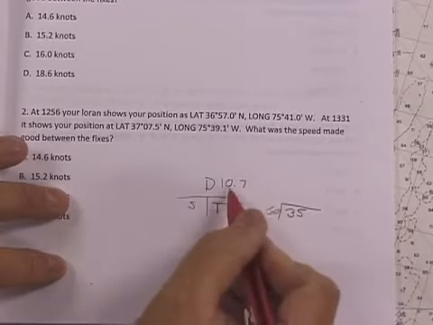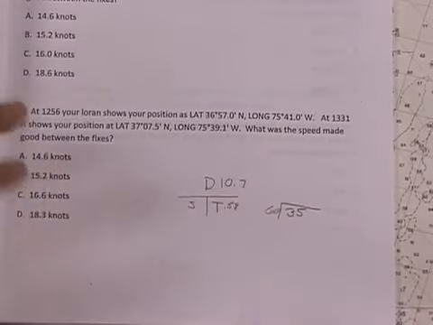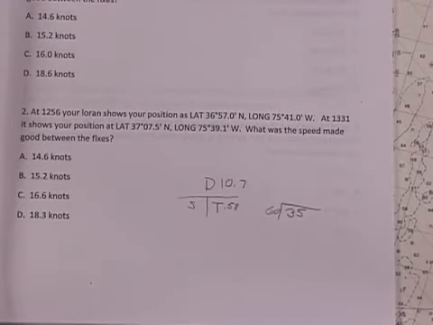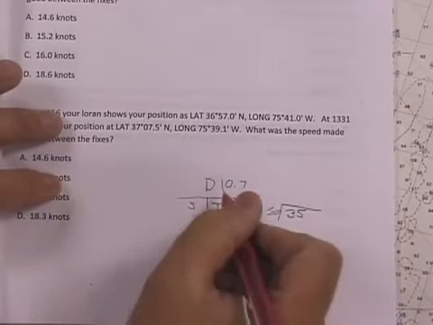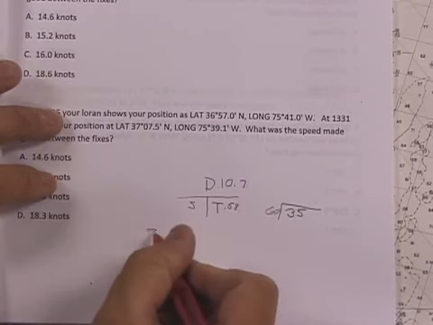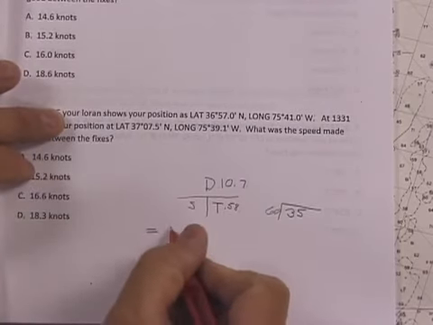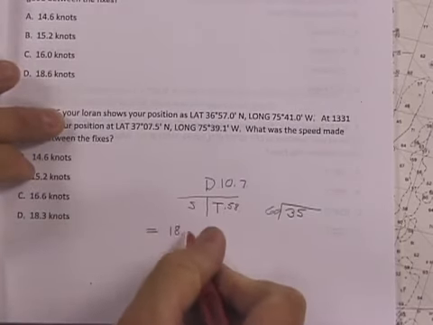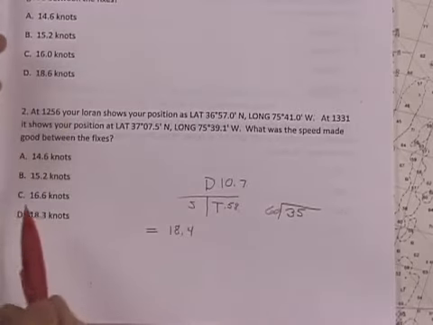Now I can take 10.7 and divide by 0.58 and I hit equal. My speed is 18.4. So 10.7 divided by 0.58 equals 18.4. Find the closest one.